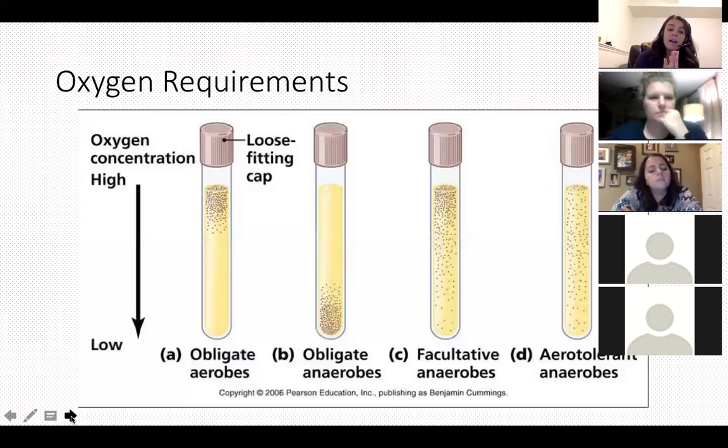So this slide is for bacteria, because viruses' oxygen requirements are just whatever the host cells that they grow in require. Some bacteria like oxygen, and some bacteria don't like oxygen. Some have to have it, and some are killed by it, right?